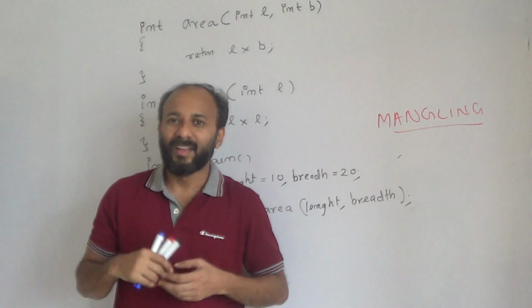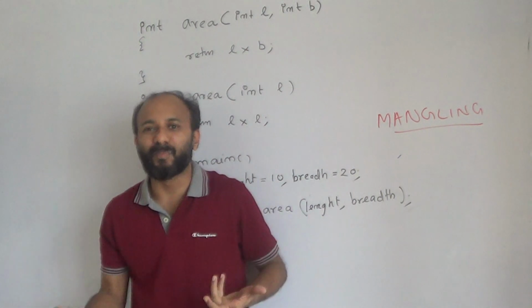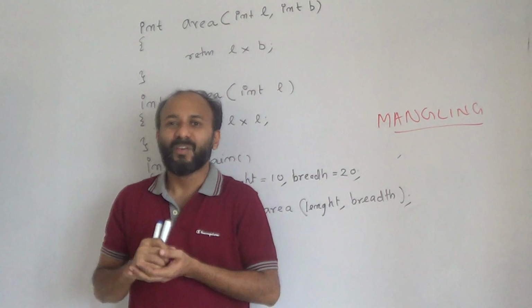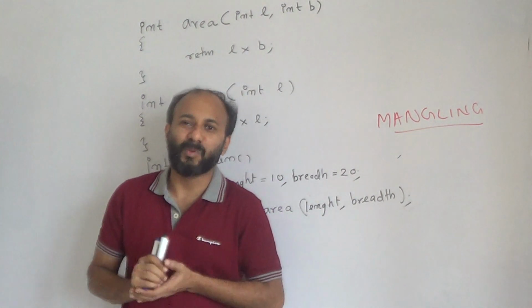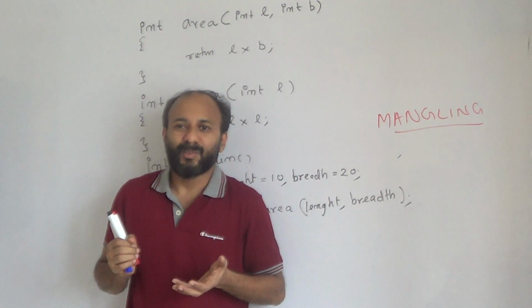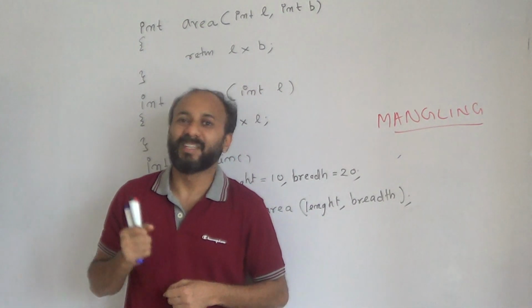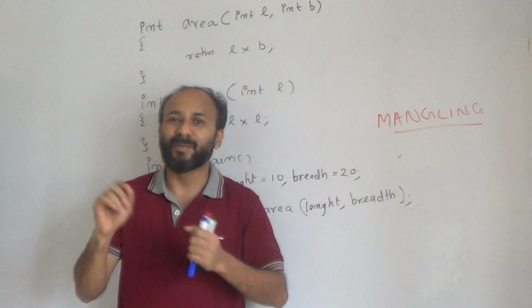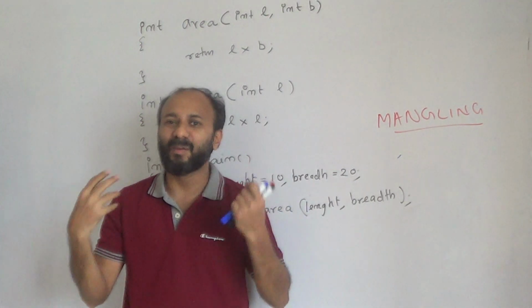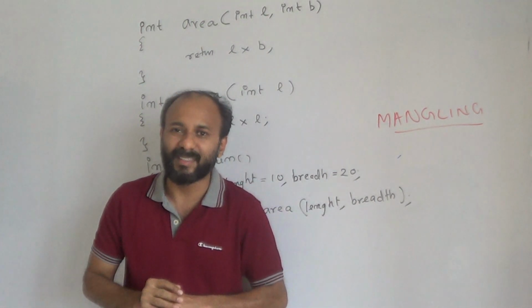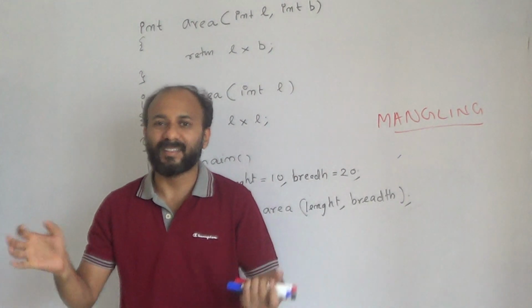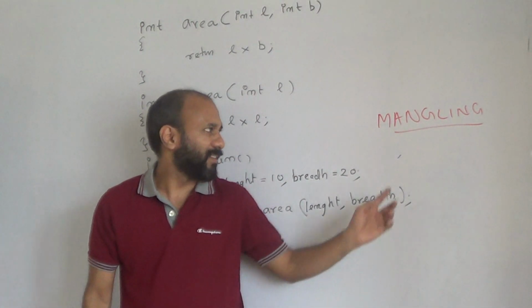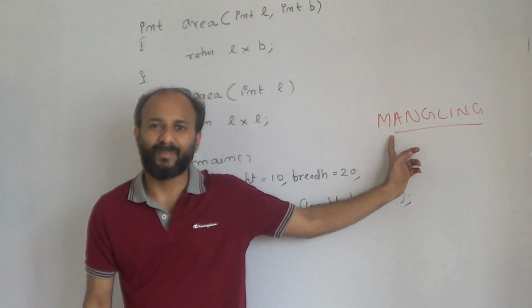After some time we are unable to recognize who that person is, because we did some decoration over the superstar's face. Do you remember, right? That is what we used to do in our younger days. In the same way, the compiler also does some decoration. It changes the shape or the name of a function in such a way that the user will not understand it. That process is known as name mangling.